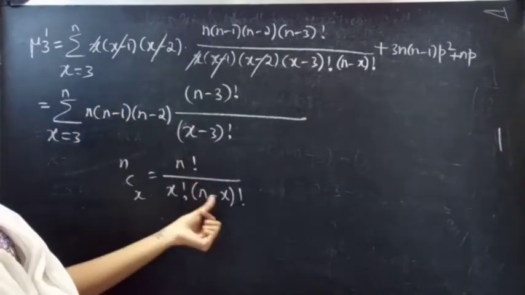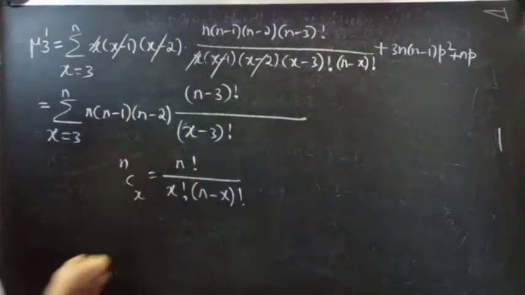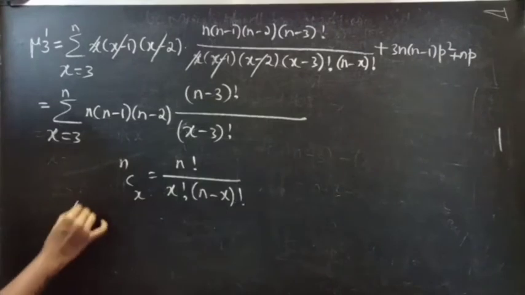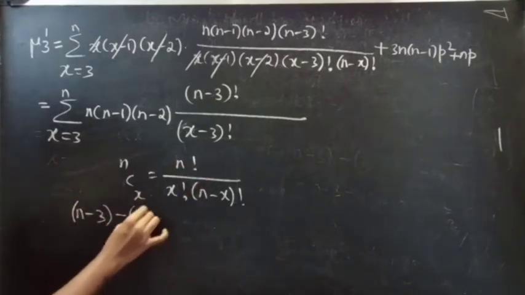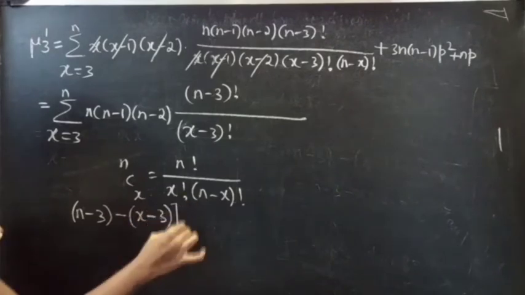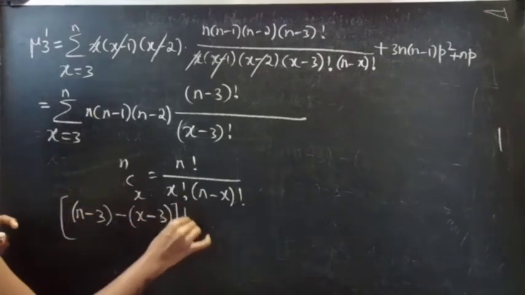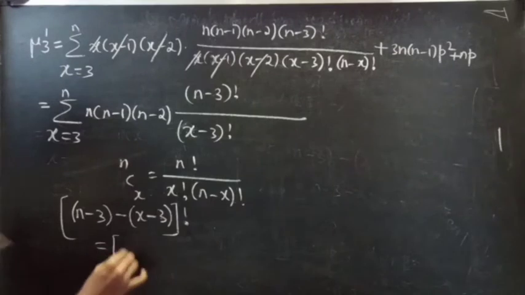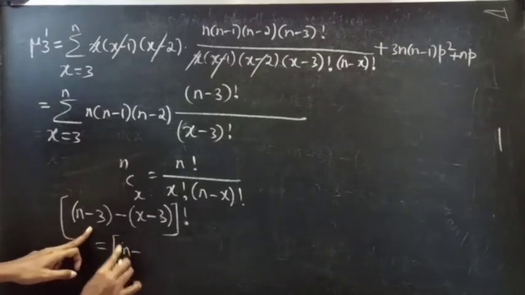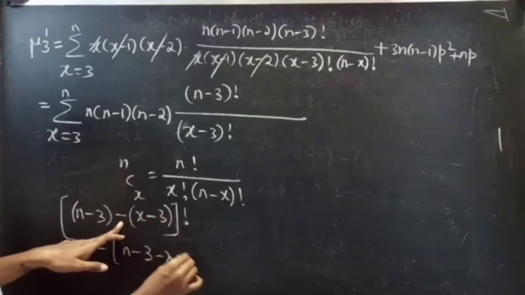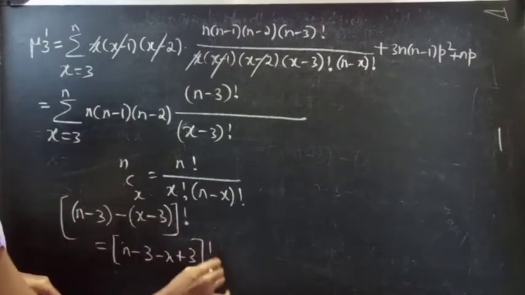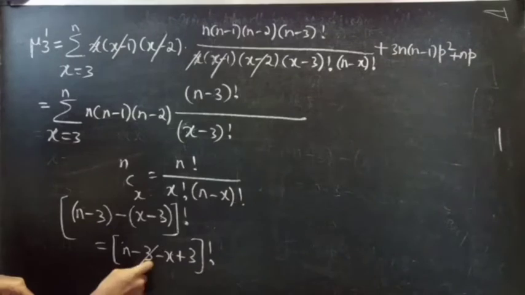So, what could be n minus x factorial? So, let's see. That is n minus 3 minus x, in the place of x, you're having x minus 3, factorial is equals to n minus 3 minus x minus into minus plus 3 factorial. So now cancel minus 3 and plus 3.